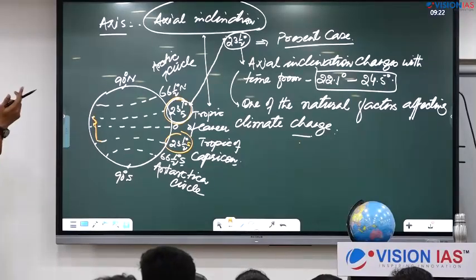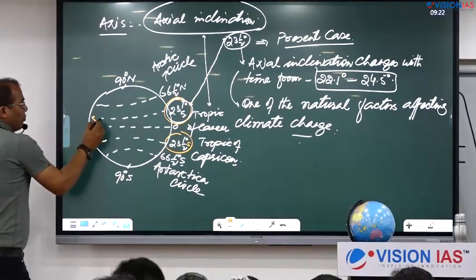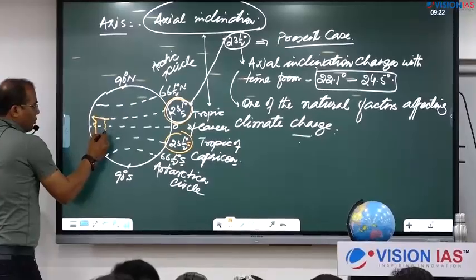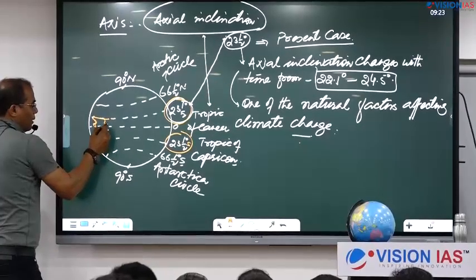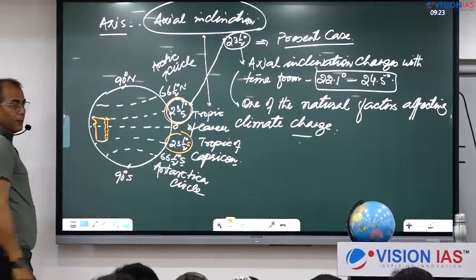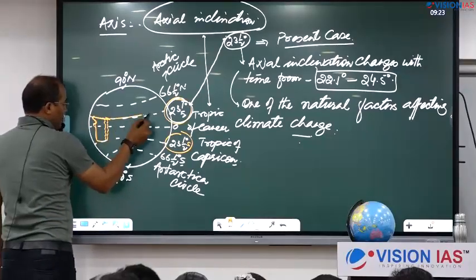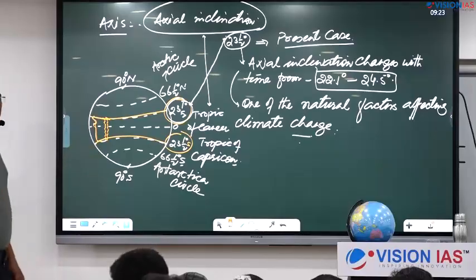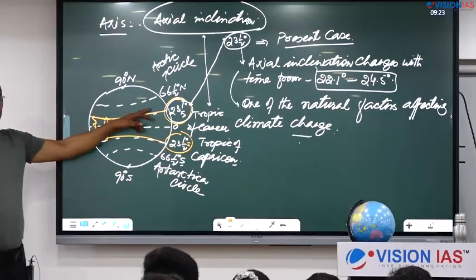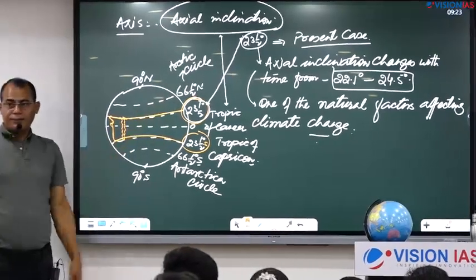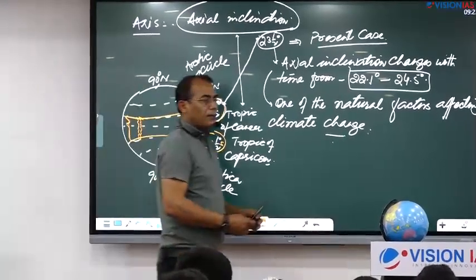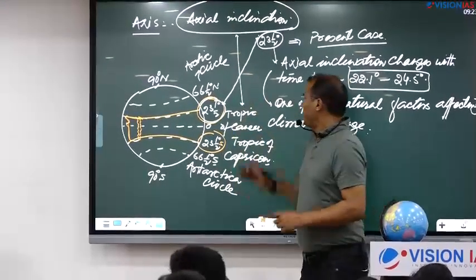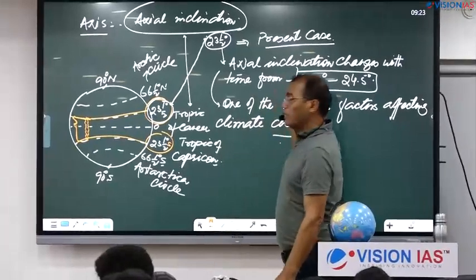When the Earth revolves, the vertical rays move from the Tropic of Cancer to Capricorn and then come back this way. So this is the zone where vertical rays of the sun exist within a year. And why is this the zone? Because of inclination. We'll discuss that. I'm just trying to help you learn this part.